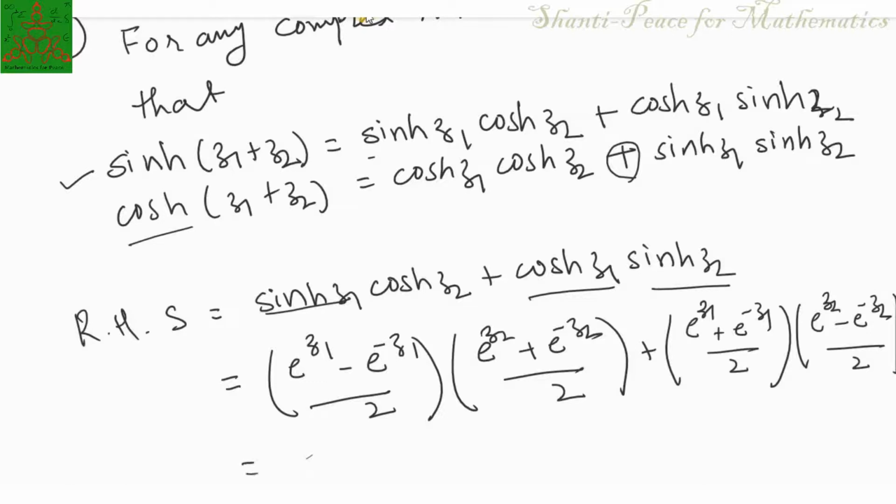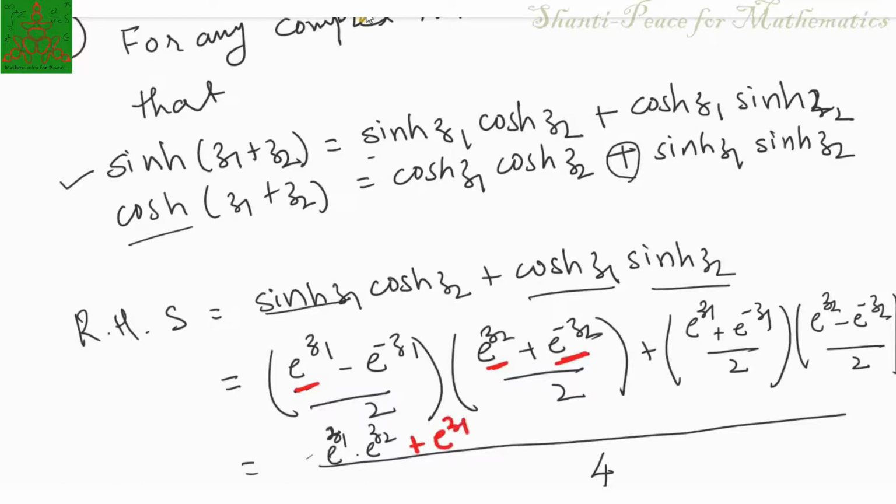Now if you multiply the brackets in the numerator, and take the LCM in the denominator, it is 4. So what you will have is e power z1 into e power z2. This e power z1 will multiply with e power z2, and then with e power minus z2, so that will be plus e power z1 e power minus z2.